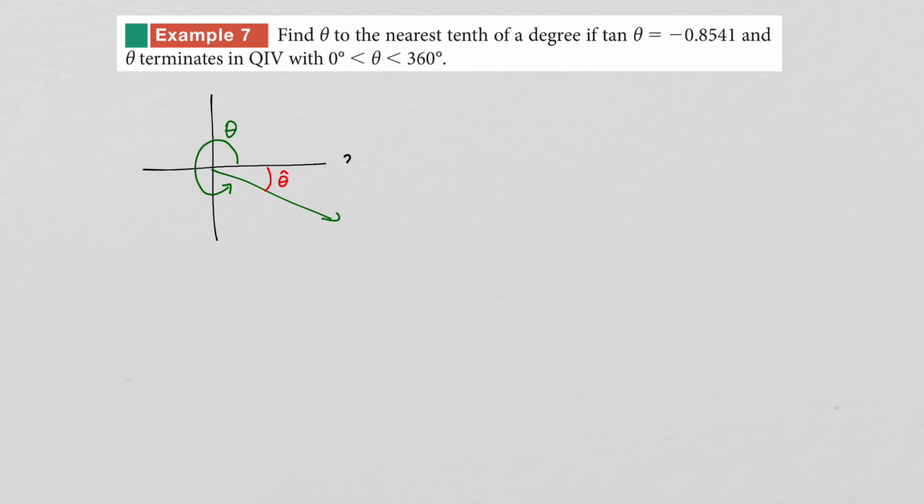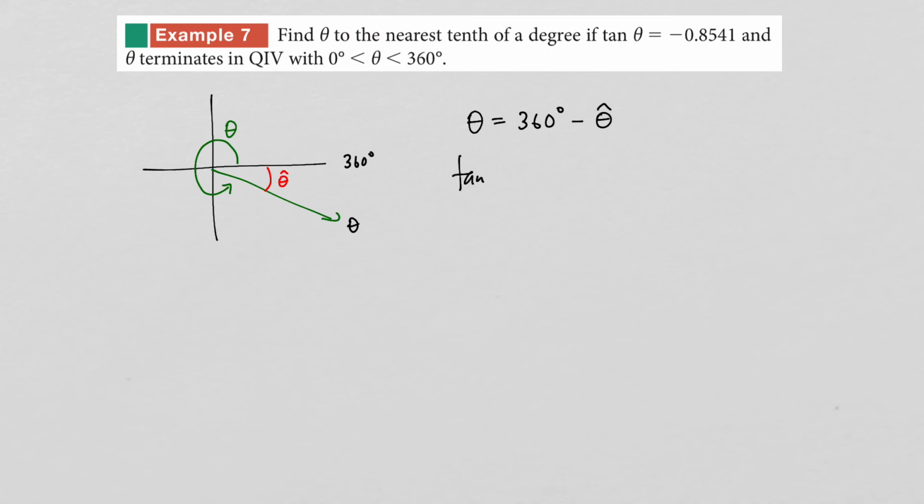So here we know this is 360 degrees. We know that this is theta. And we know that theta is equal to 360 degrees minus theta hat, right? So if we go all the way around to 360 and then we go back here this much, we end up at theta. So again, we need the reference angle.